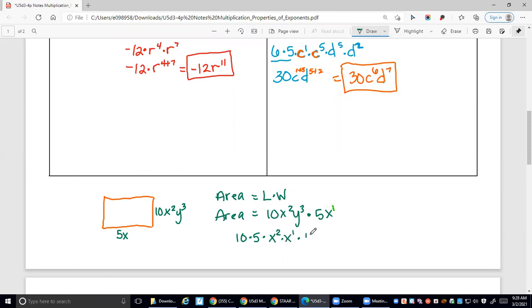And then I have y to the third. And so when I do this, remember that numbers are normal. 10 times 5 is just 50. Here I have x to the second power plus 1, right? And then times y to the third. So this is just going to end up being 50 x to the third power y to the third, aka cubed. Okay? Questions on this?